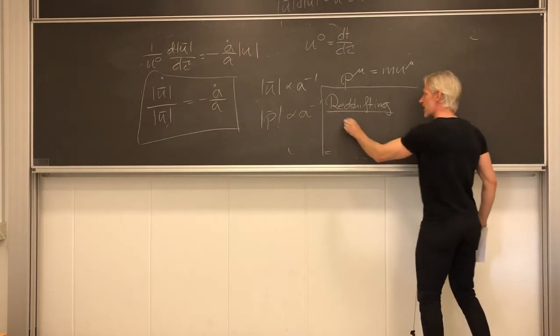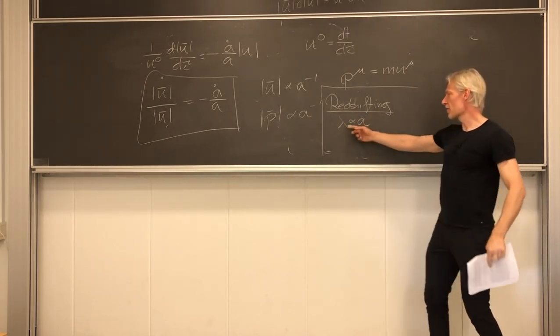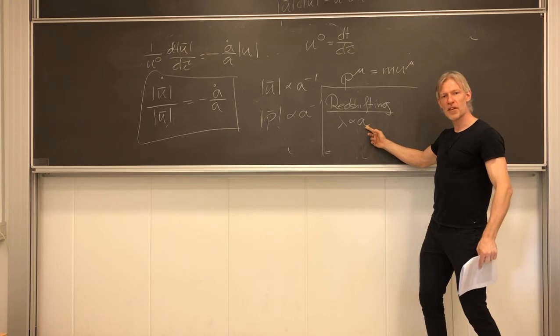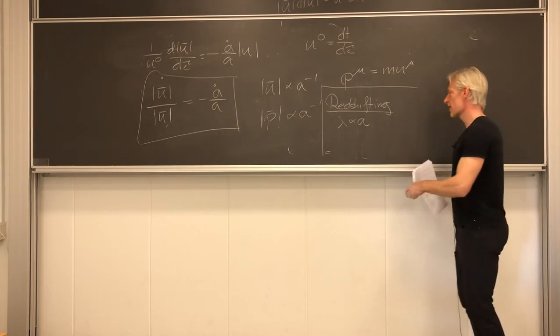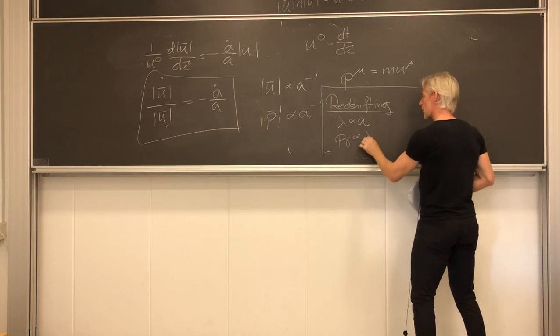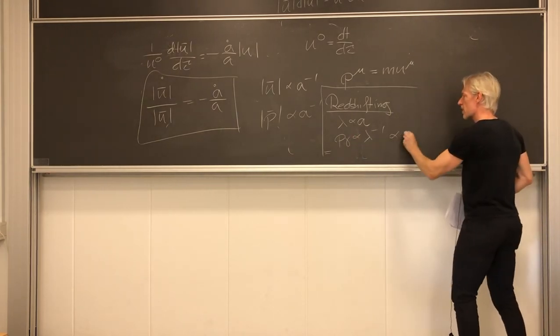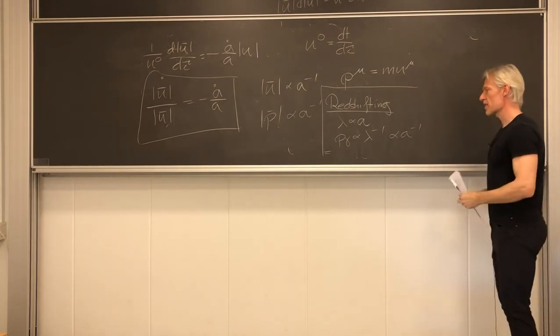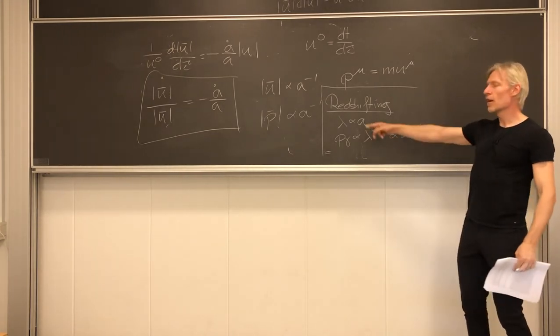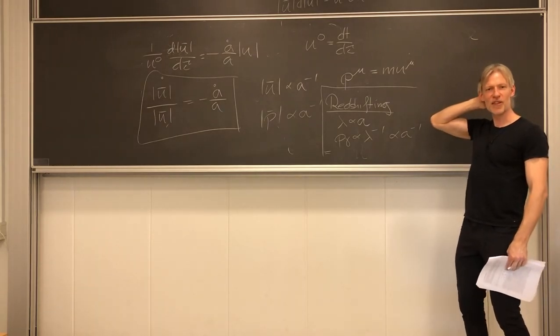And we know that the scale factor and the wavelength of a photon are proportional to each other. But then remember that the momentum of a photon is proportional to its wavelength to the -1st. And that means that this becomes proportional to a to the -1st. So this is true for a photon.